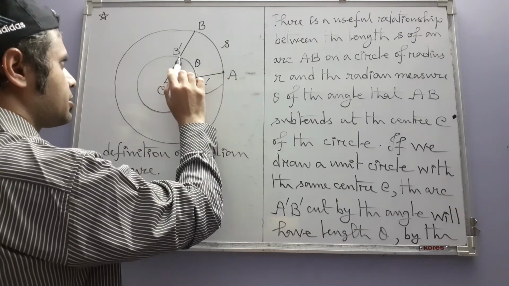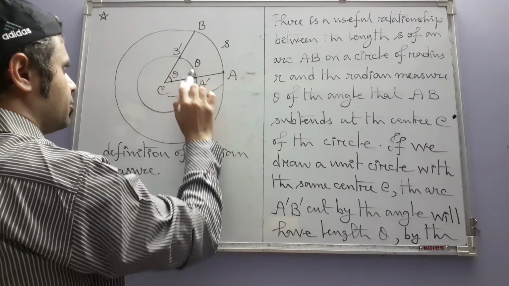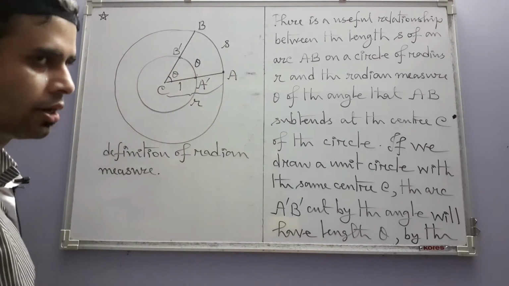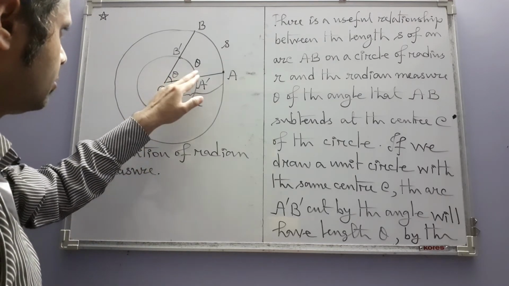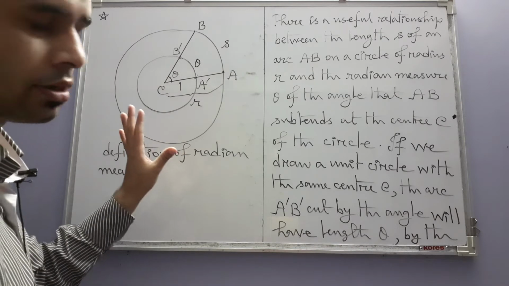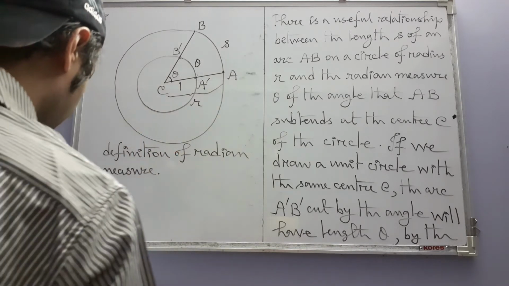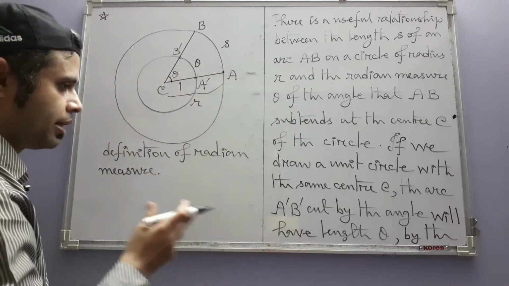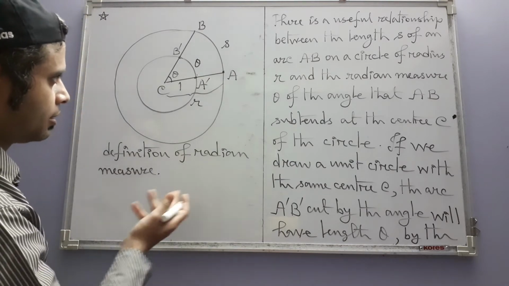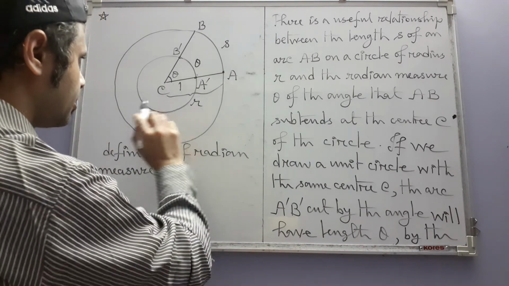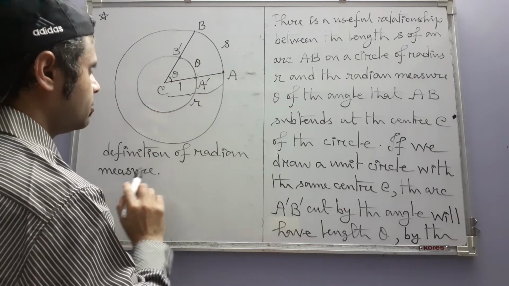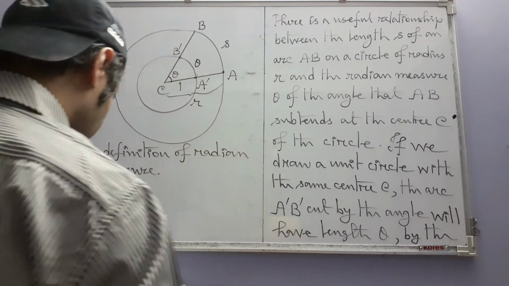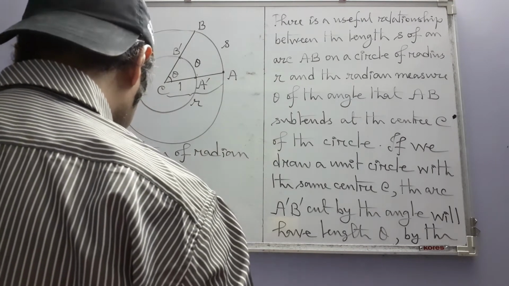These two circular sectors, A prime C B prime and A C B, are similar because both have the same angle measurement. So they will have the same relationship that two similar triangles have, that is, their corresponding sides are in the same ratio. Although two sides are curved, not straight line segments, the same thing happens here also.